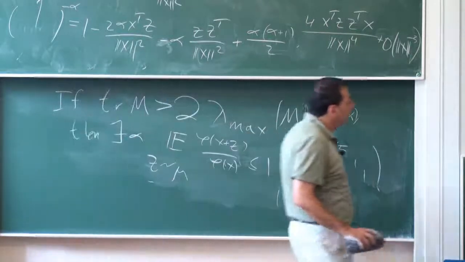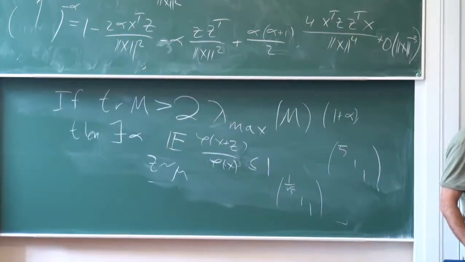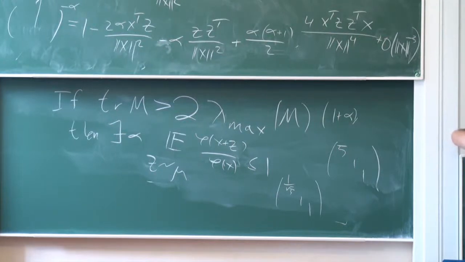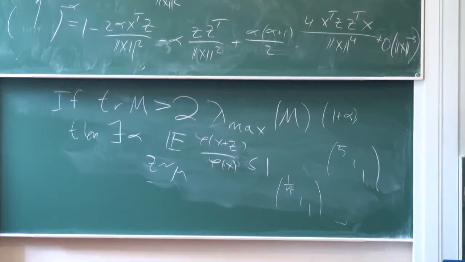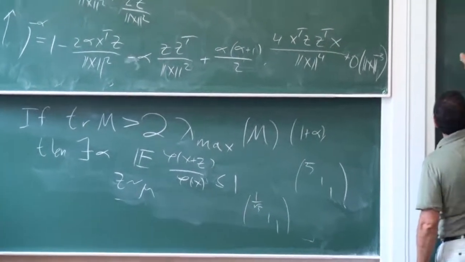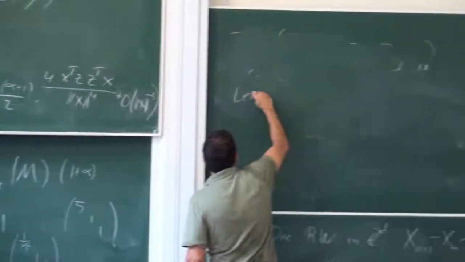Any questions about this? So if I have two measures, I have two covariance matrices, and what this argument gives us is the following general lemma.